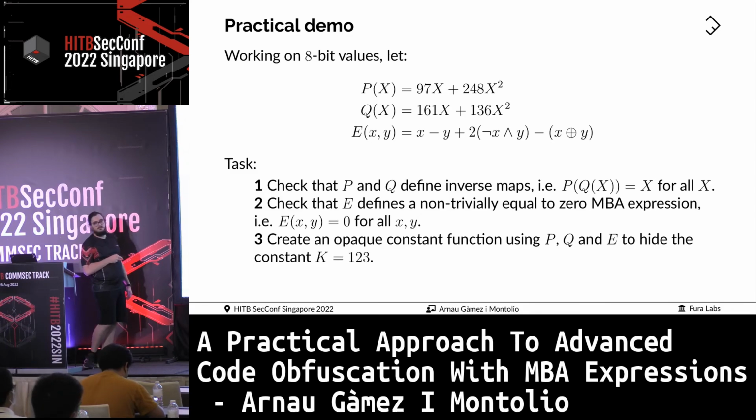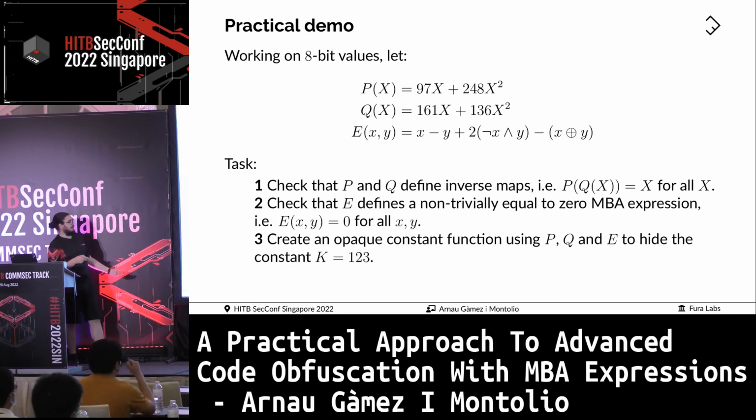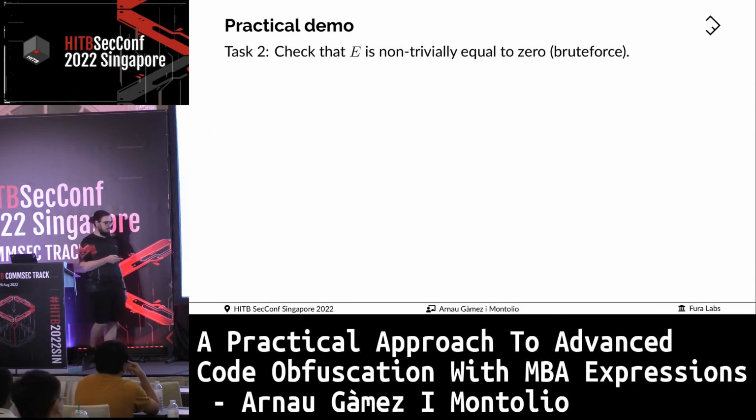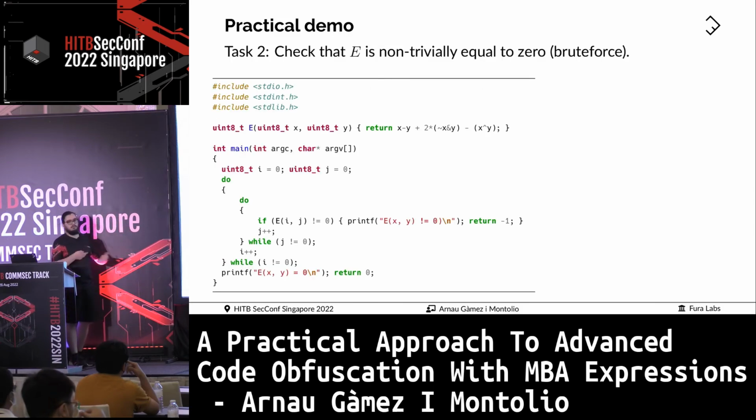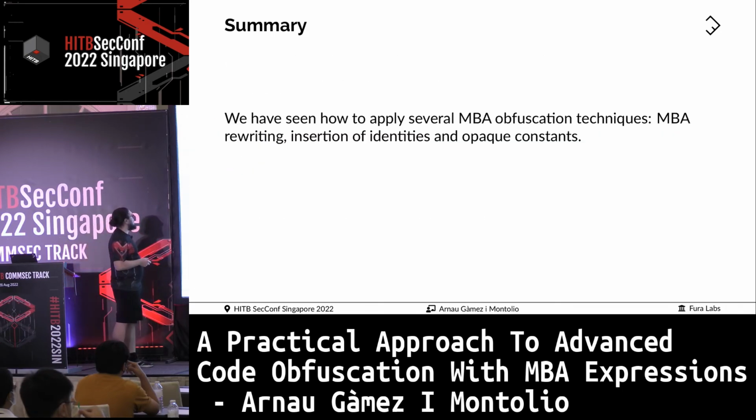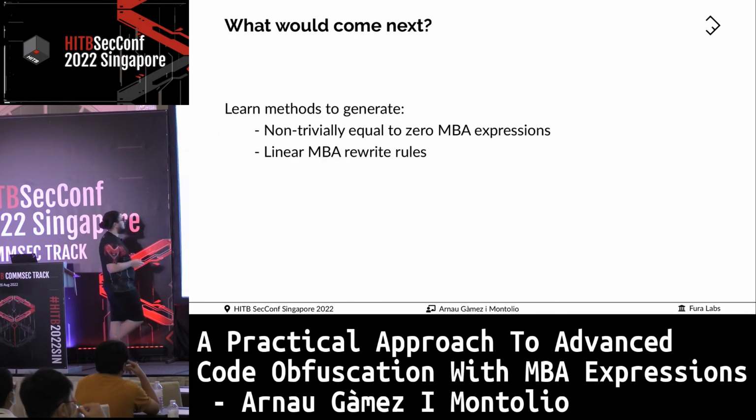A rewrite rule for X XOR Y. And similarly for X minus Y, you could move everything else, changing the sign to the other side, and get a rewrite rule for the subtraction. So once you know how to generate non-trivial equal to 0 MBA expressions, then rewrite rules come kind of for free.